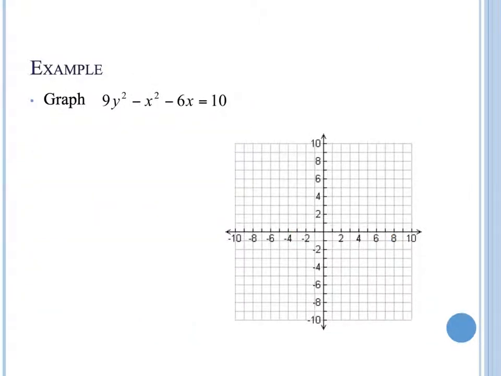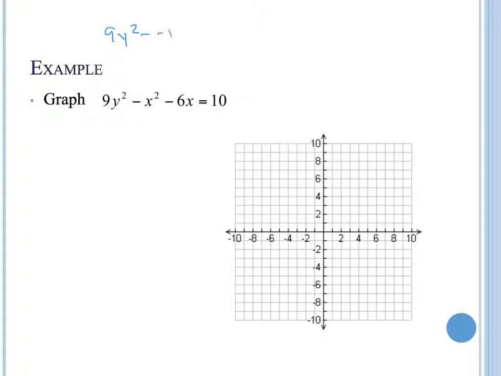Now for this fun equation, I need to complete the square on my x's and y's. So let's see what we can come up with. Okay, so when I work on completing the square, I have my 9y squared, and then I need to focus on the x squared minus 6x.